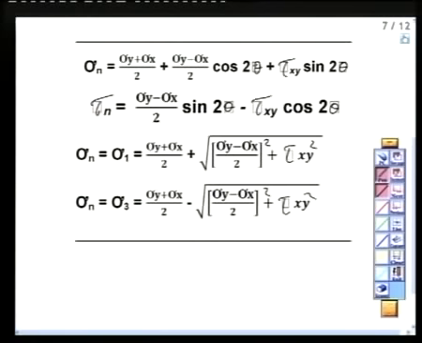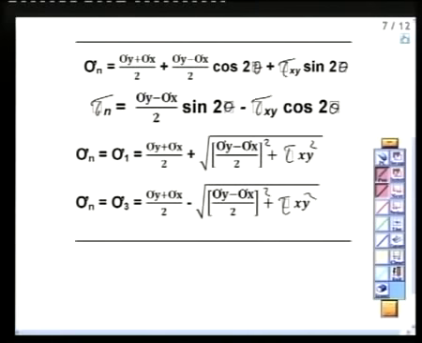So we have 4 equations that will help us find sigma n and tau n. I can find sigma n, tau n, and at the same time, if the shear equals 0, I will have sigma 1 and sigma 3, the major principal stress and minor principal stress. At that time, tau is 0.